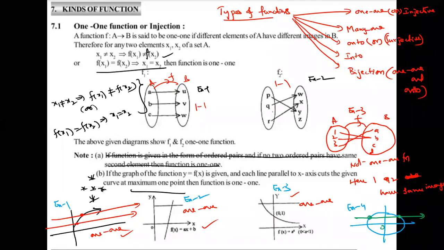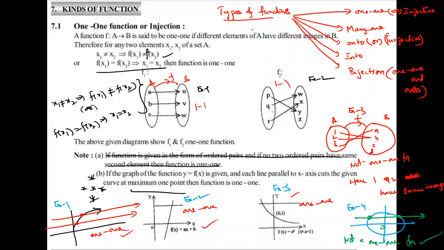That means both have the same images. That is the meaning. It intersects the graph at least 2 points, so it's not one-one, because it has many points.